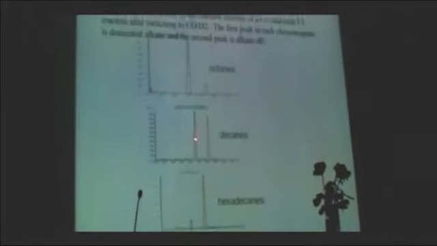If we go to C10, now it's about equal. If we go to hexadecane, the deuterated compound is small compared to the hydrogen. So there is accumulation of the heavier hydrocarbons, and we have to take this into account.